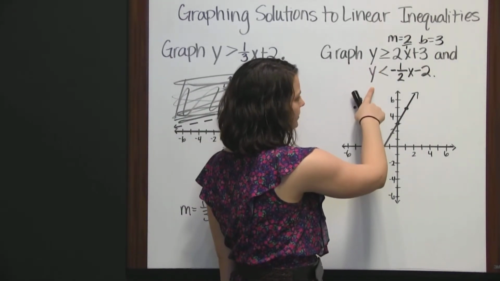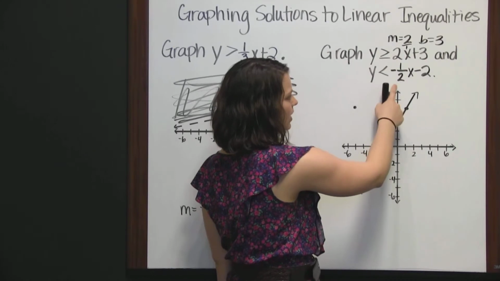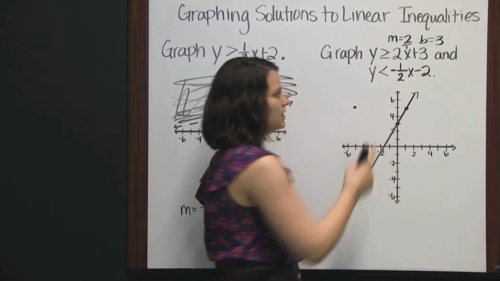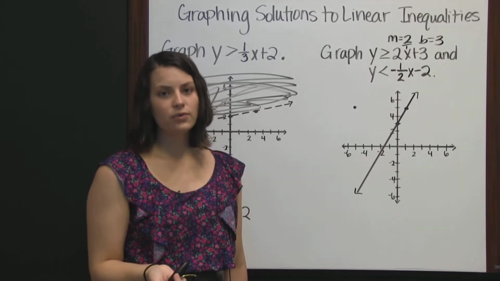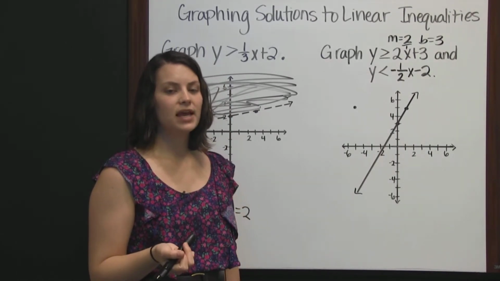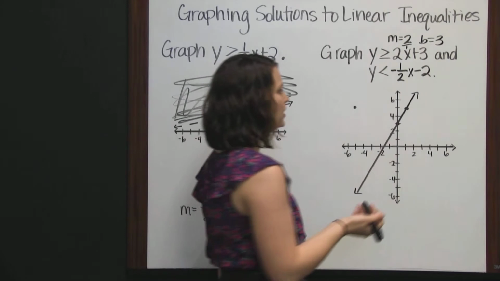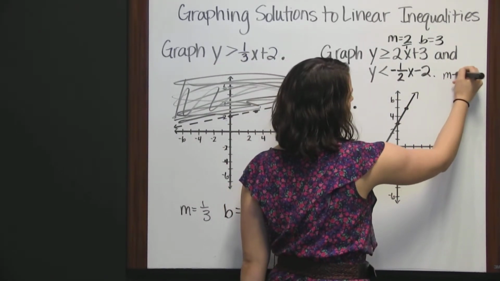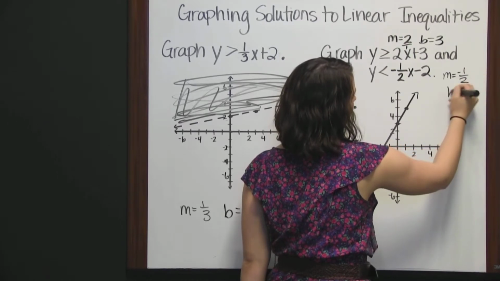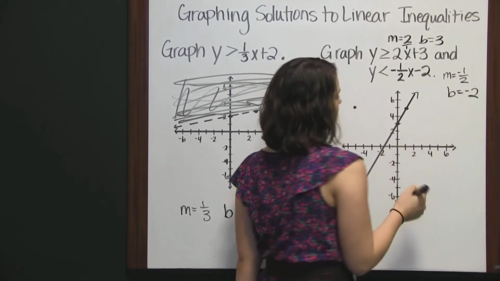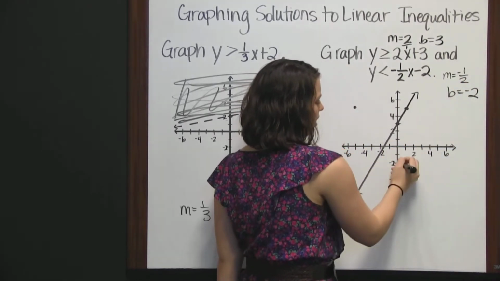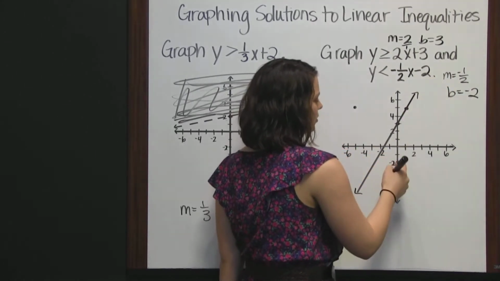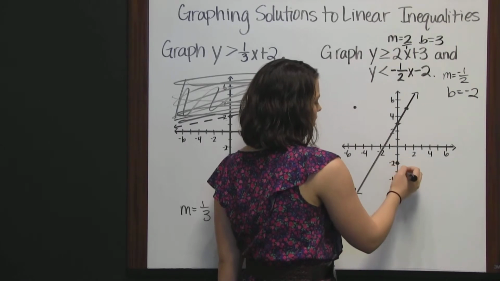So this next line is y is less than -1/2 x minus 2. Less than, since it's not less than or equal to, that means we're going to be using a dashed line again. And again, it's in slope-intercept form, so our slope is -1/2 and our y-intercept is -2. So start with the y-intercept, -2, and then use your slope to find your next point.